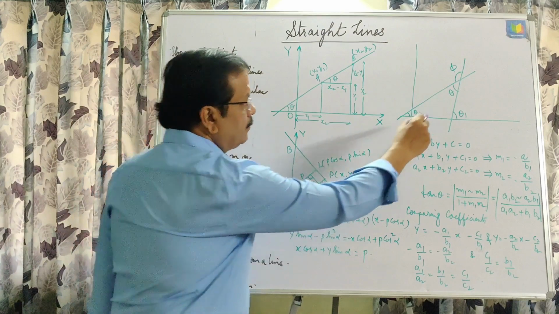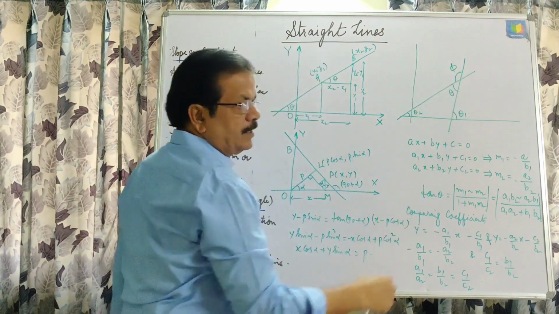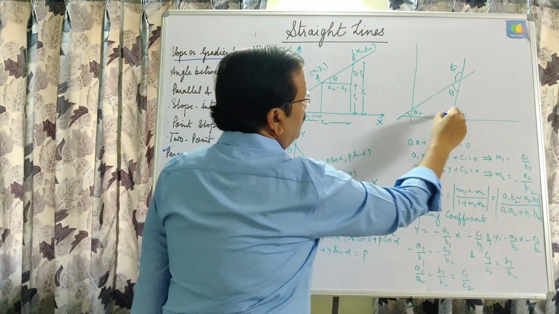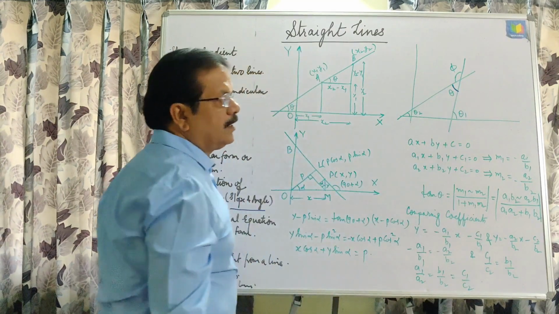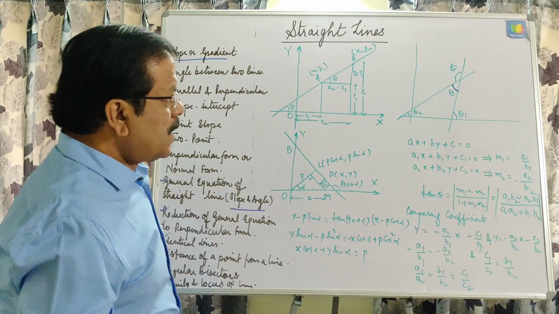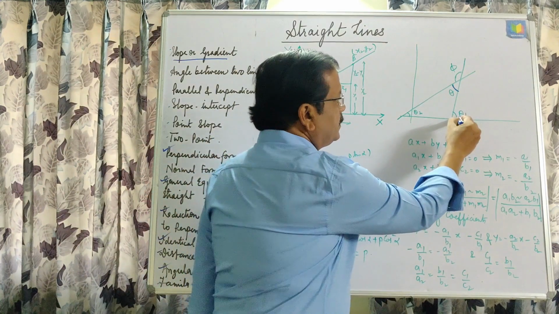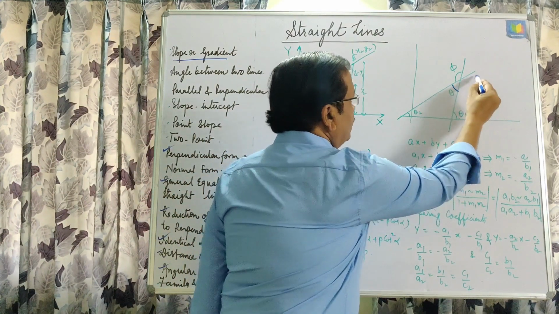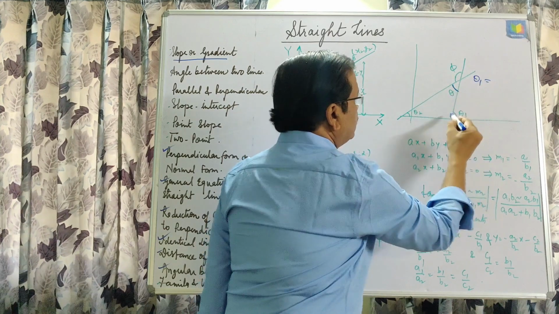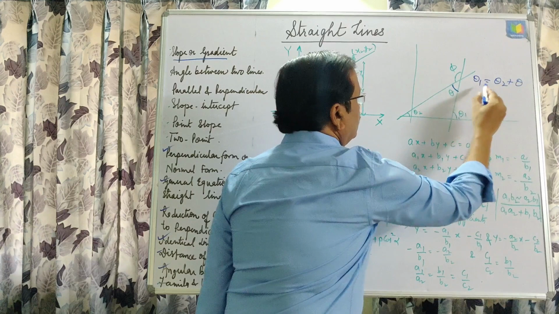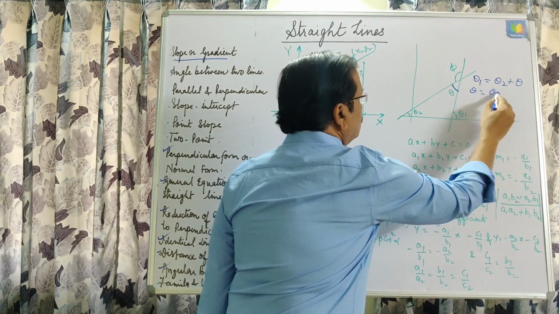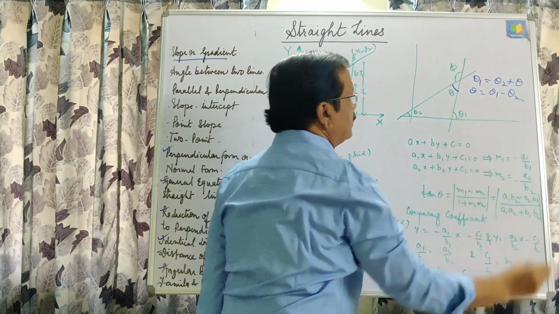Suppose you are given these two lines, making angle theta with one another. Now you can see here, this is the exterior angle, that is theta 1 is equal to the sum of the two interior angles, that is theta is equal to theta 1 minus theta 2.